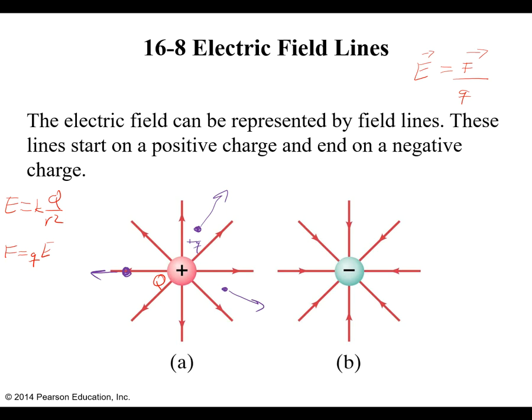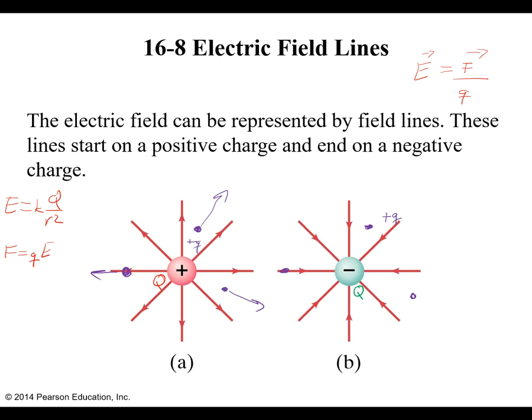Now let's go to the negative charge in figure B. So now we have some charge capital Q, and now I'm going to place my test charge in the exact same points. I had one here, and one here. And remember that this is a charge plus little lowercase q. Now what's going to happen to this positive charge q?